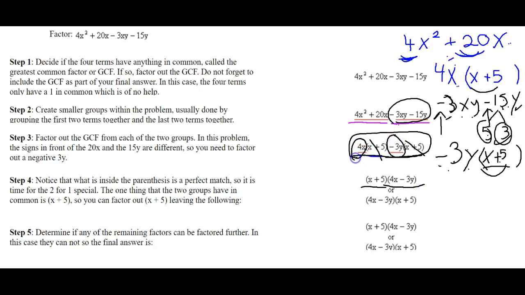So the 4x minus the 3y, they make the second parenthesis. Again, order does not matter, so you can flip-flop. And that should be your answer. You should always check to see if there are any more factoring to do, but in this case, there's none. So you're good to go.